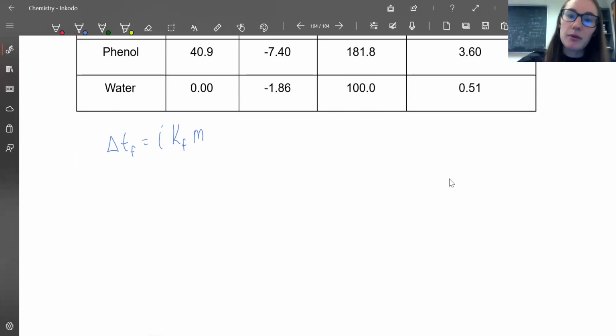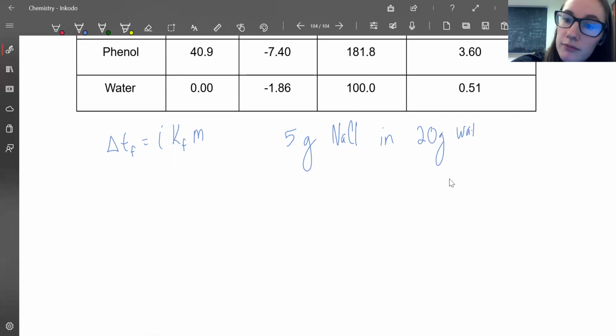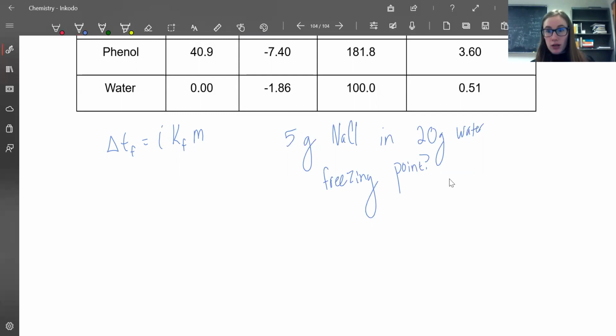Looking at the same problem, we had 5 grams of NaCl in 20 grams of water. This time, let's find the new freezing point. I'm going to pull a lot of the data we did earlier. That Van 't Hoff factor hasn't changed.